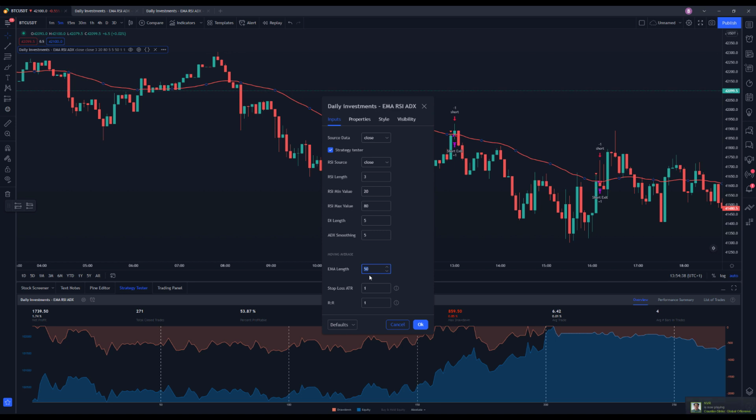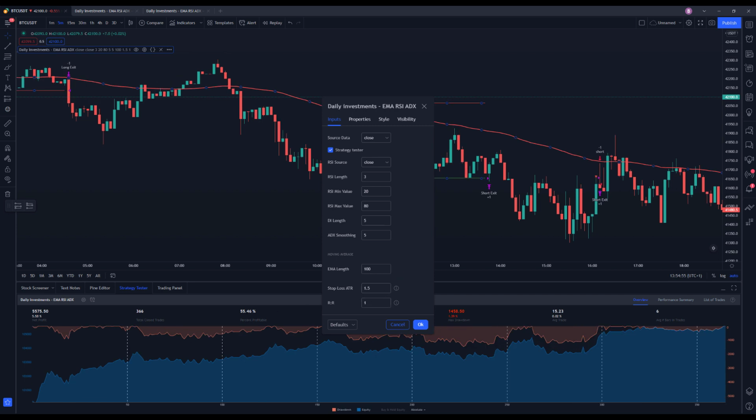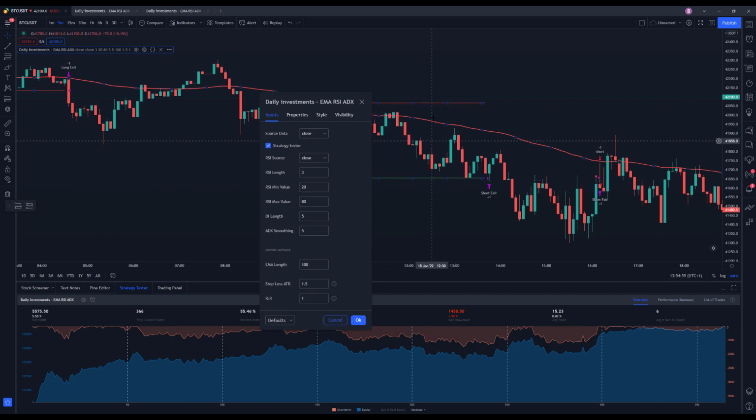And if you increase the EMA length, it's quite the same even. If you have this one on 100, you get way more trades. And if you increase the ATR to, let's say, 1.5, it decreases already a little bit. That gives you a little bit more of a margin.